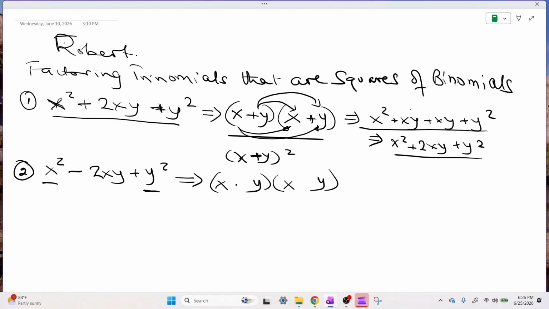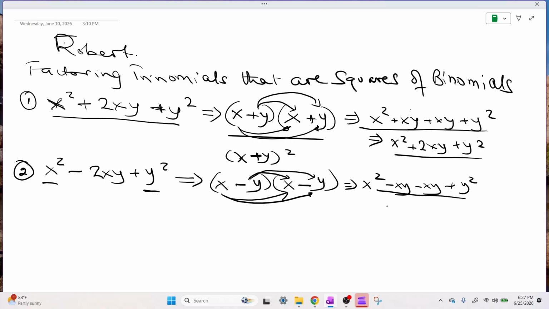So we can only do that if we can have minus signs in both parentheses. The reason being that this expression will become x times x, which is x squared, which we have here, and then x times minus y will be minus xy, and then minus y times x will give us minus xy, and then minus y times minus y will give us positive y squared.